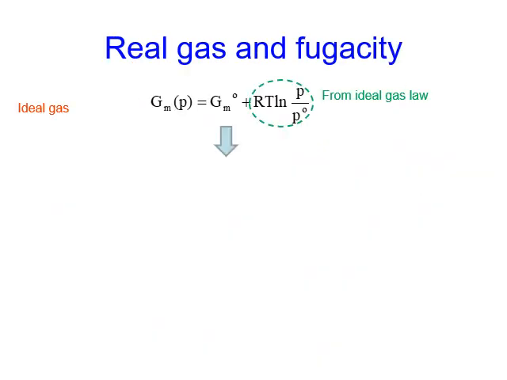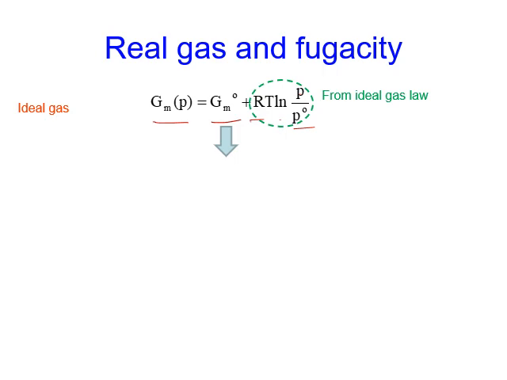We just showed that for an ideal gas, the molar Gibbs energy at any pressure equals the molar Gibbs energy at the standard state plus a pressure correction term. This equation is applied for ideal gas.